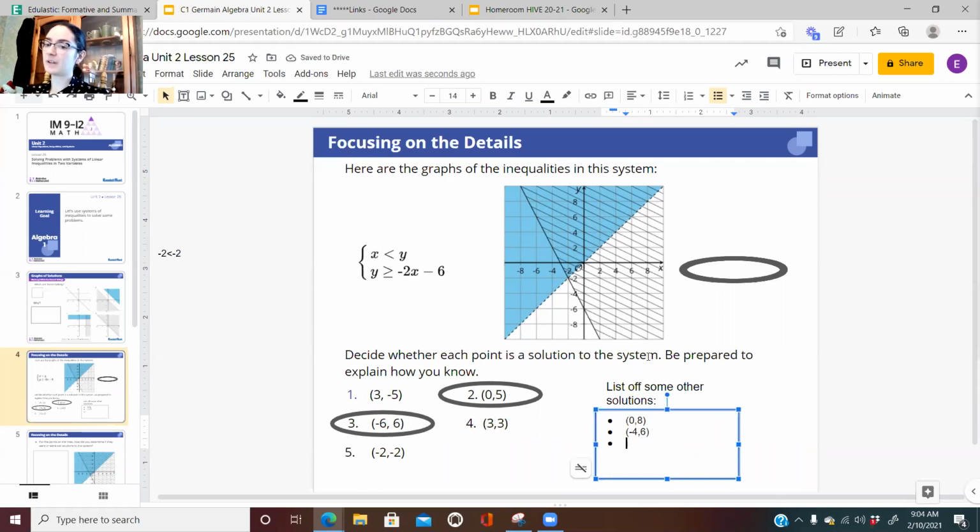Who can give me 2 more? I need 2 more people to give me coordinate pairs. 2, 6. Over to 2, up to 6. Nice job, Abby. I need 1 more person to give me another ordered pair, somebody other than Abby or Junior. Naseem, what was one that you got, buddy?